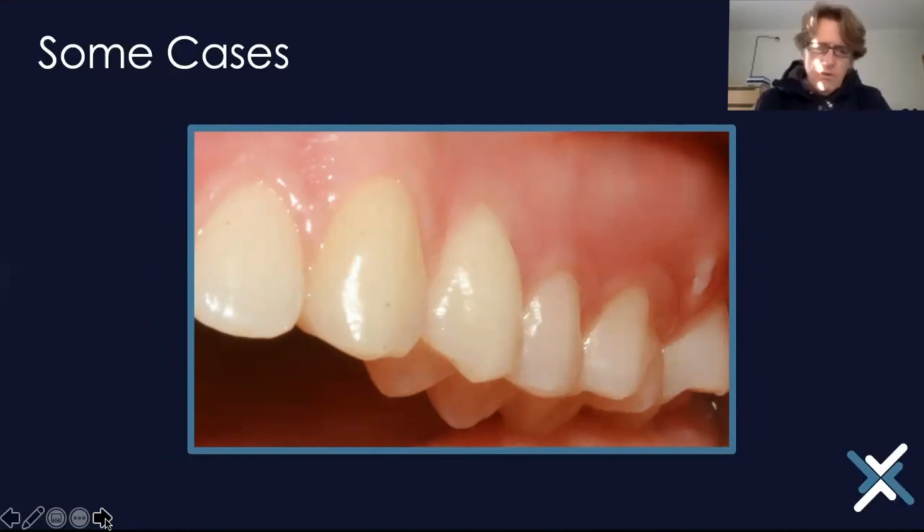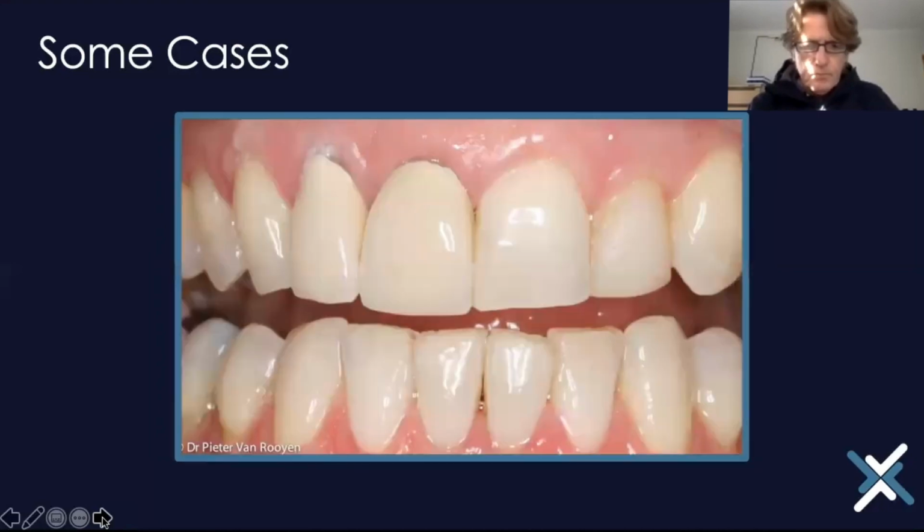Done conservatively, but in a good material and on a good system with a wonderful fit. I think you can agree with me that the soft tissue around this looks nice. And we also got a good color match for this patient.